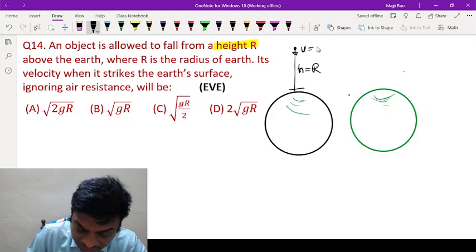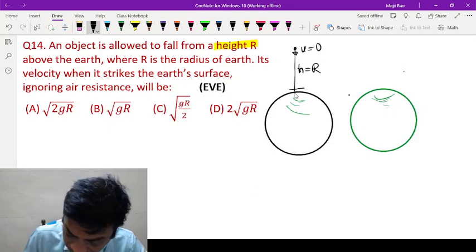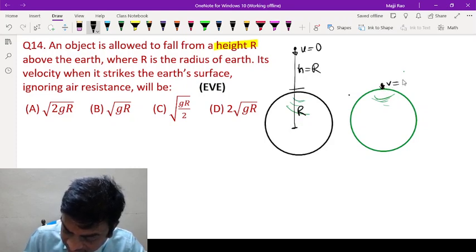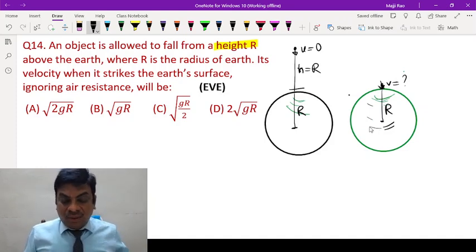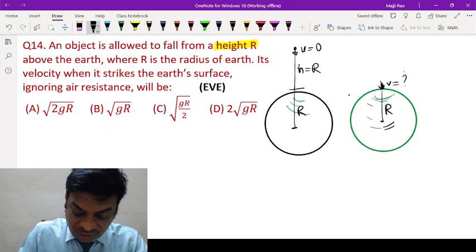Remember, initial velocity is 0. This distance is r. And finally, we have to find the velocity with which it strikes the earth surface. So I'll be applying the law of conservation of mechanical energy for these two situations.